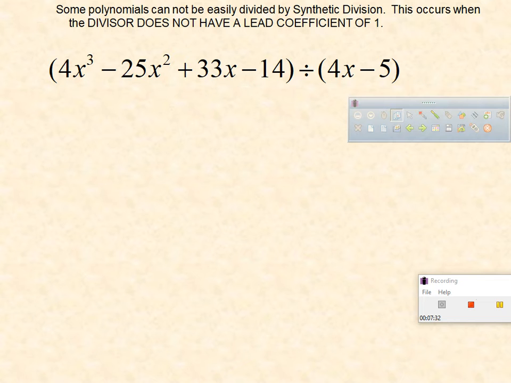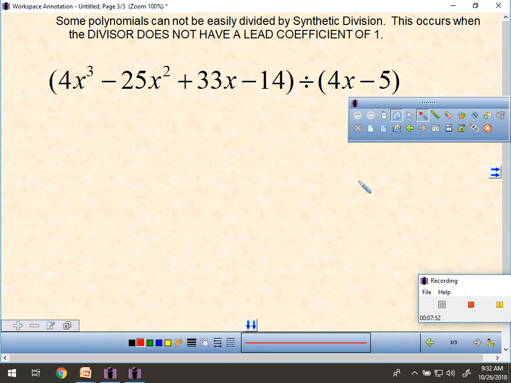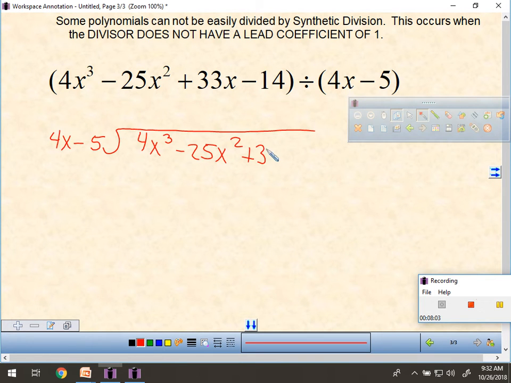It'll also tell you when to divide by synthetic division, so that's not a surprise either. Once you see this problem on the test, go ahead and set it up. It would look like this. Just put 4x minus 5 divided into 4x cubed minus 25x squared plus 33x minus 14. And then we're just going to go from here.